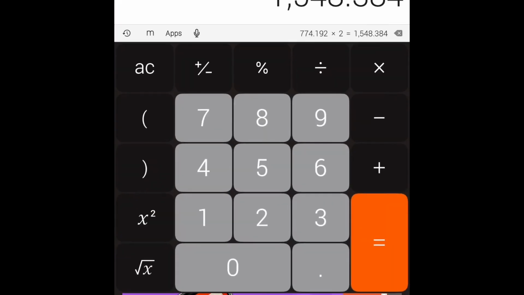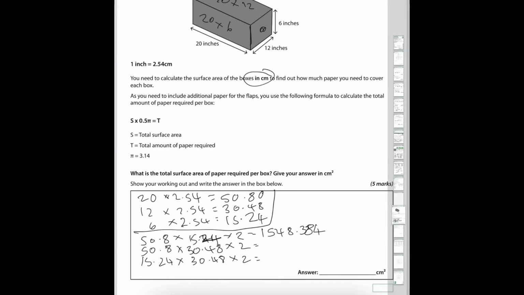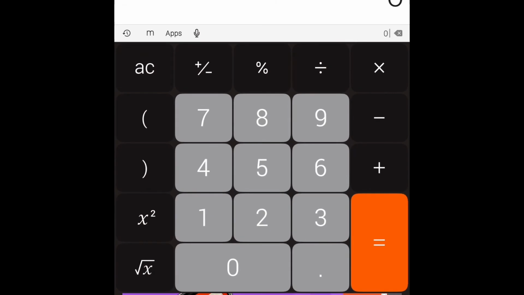Next one is 50.8 times 30.48, which is 3096.768. Okay, last one then, 15.24 times 30.48.